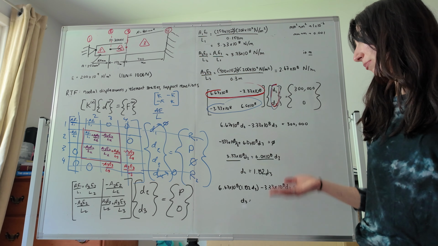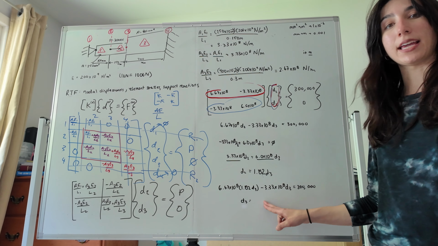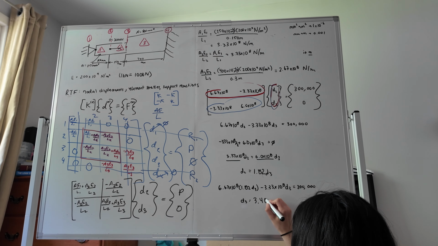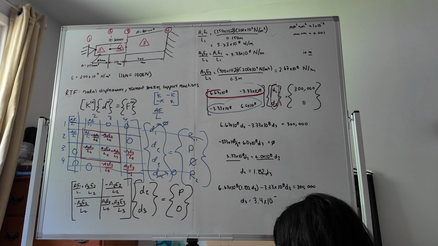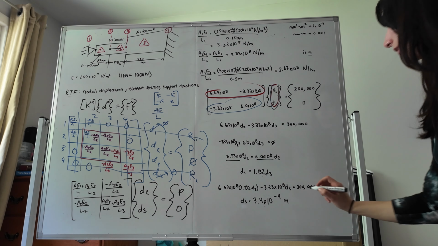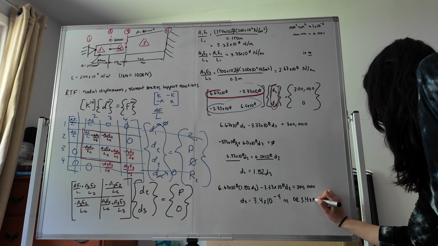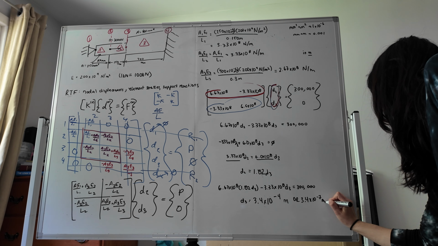And then I can plug d2 into the other equation, and I get 3.4 times 10 to the negative 4 meters, or 3.4 times 10 to the negative 7 millimeters.